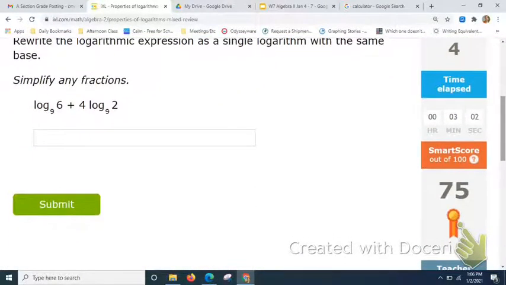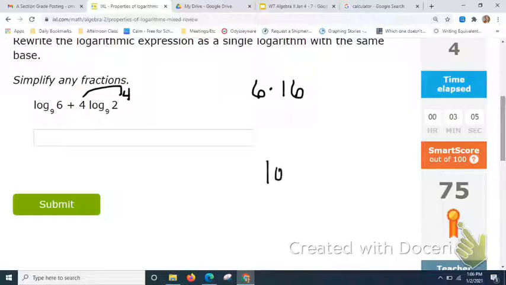So this one has 2 steps, so more like some of the harder ones in our notes. So the 4 is going to go on the 2 as an exponent, right? So 2 to the 4th power makes that 16. And then I'm going to be doing 6 times 16 because I'm supposed to put this in a single log.